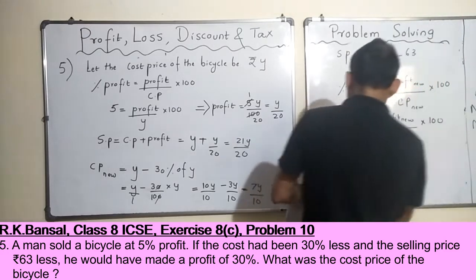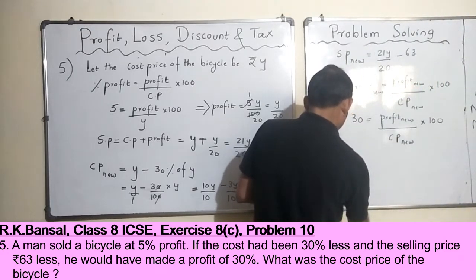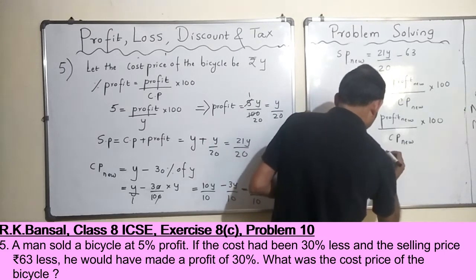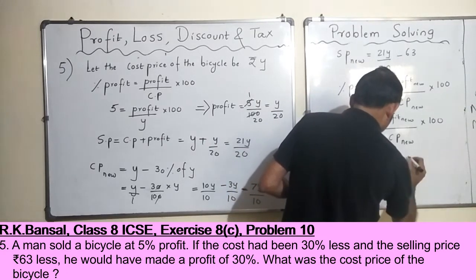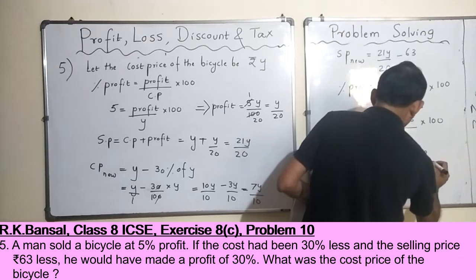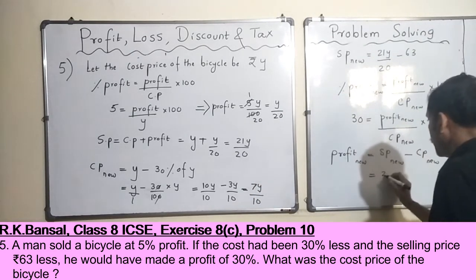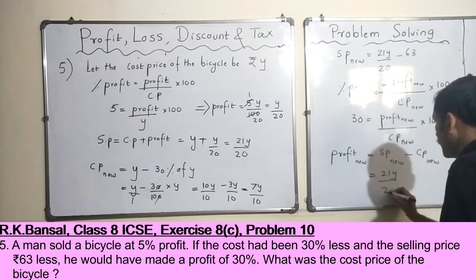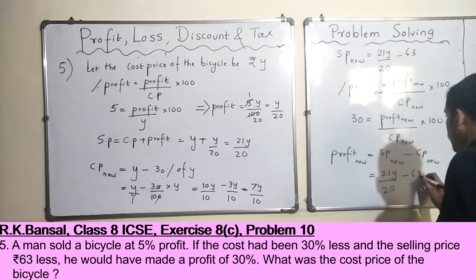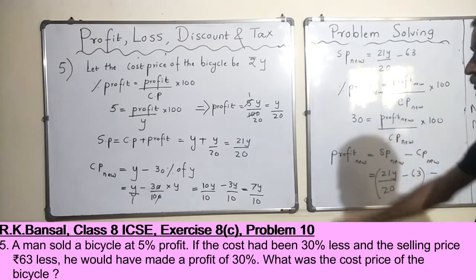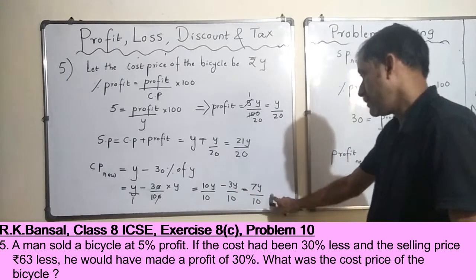Yes, profit new is nothing but selling price new minus cost price new. Correct? Selling price new is this, 21y by 20 minus 63, and minus cost price new, which is 7y by 10.